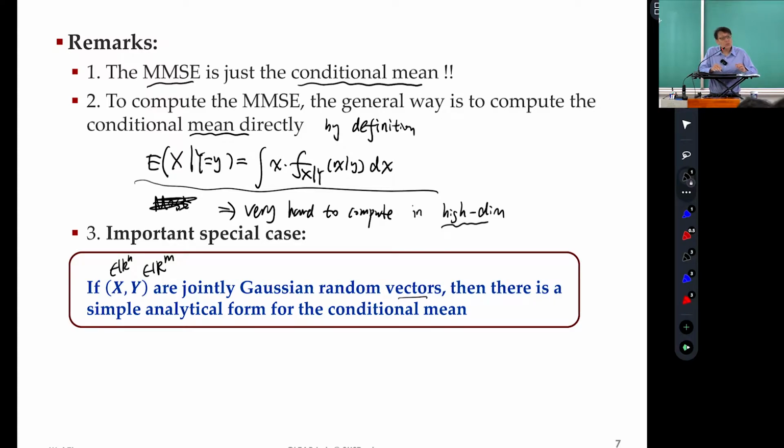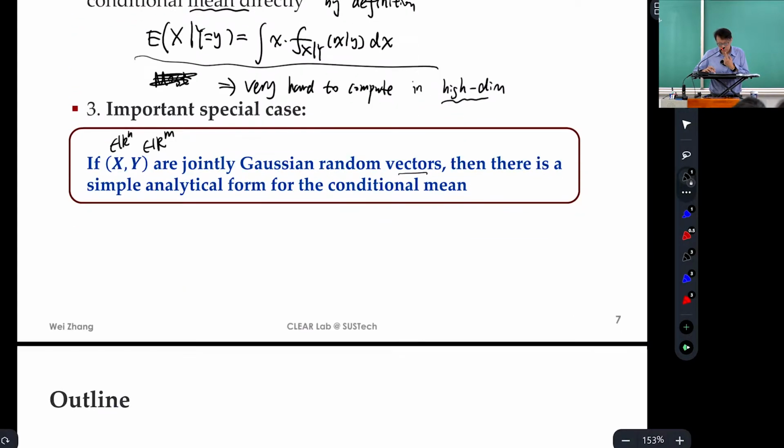So you don't need to go over this integration. They have a closed form solution. That's the exception. That's why Kalman filter, or why Gaussian vectors, are so important for estimation or learning problems. As Yuntian said, in machine learning, the first few lectures are all about Gaussian random vectors.